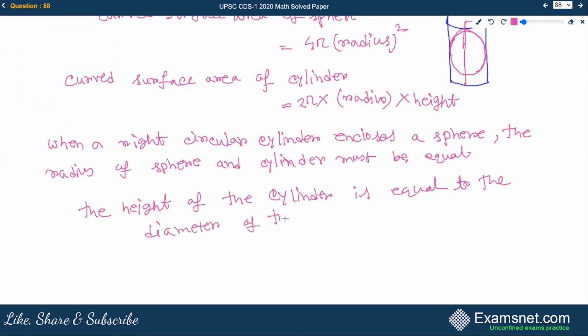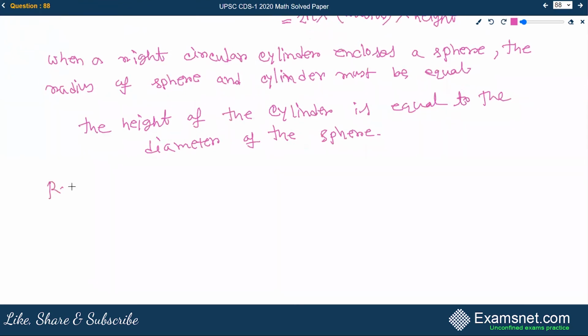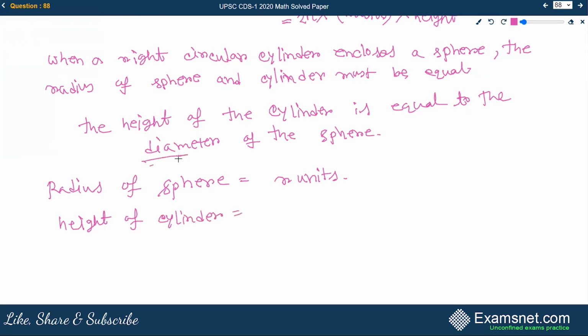Now, if I say the radius of sphere is r units, what will be the height of the cylinder? Height of cylinder will be equal to the diameter. Diameter of the sphere will become 2r. So that is 2r units.